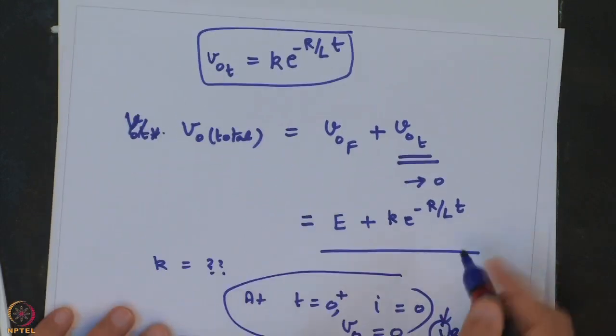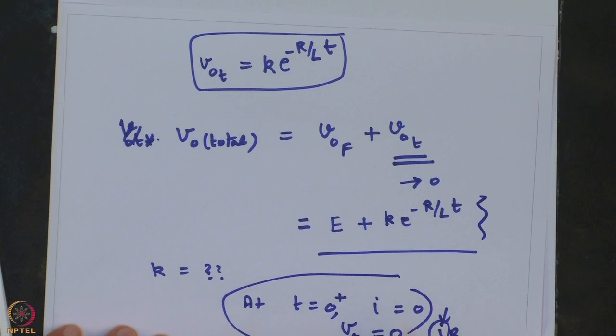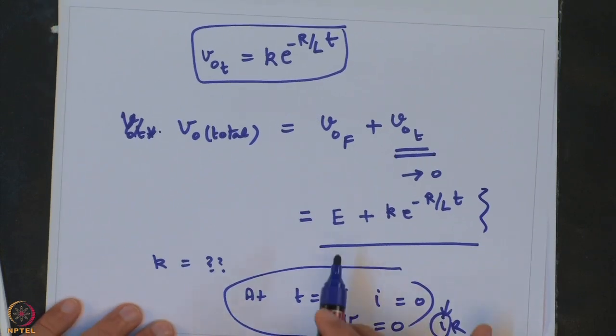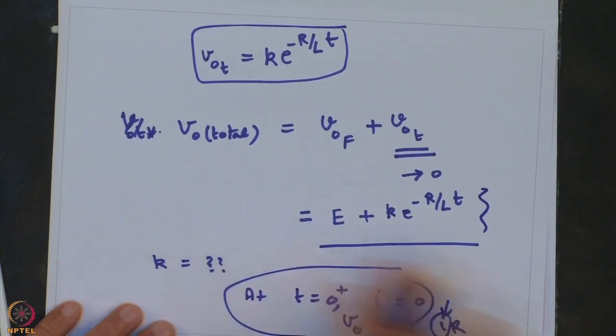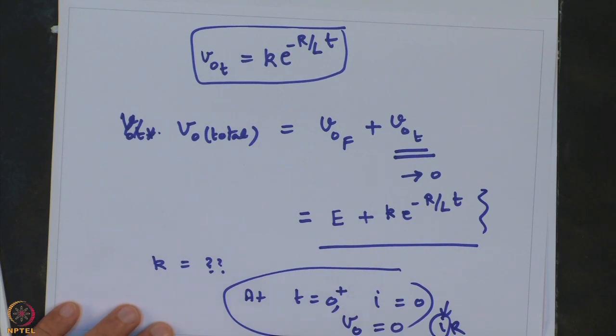because this equation, the total solution, must be satisfied for all values of time after the switch has been closed.